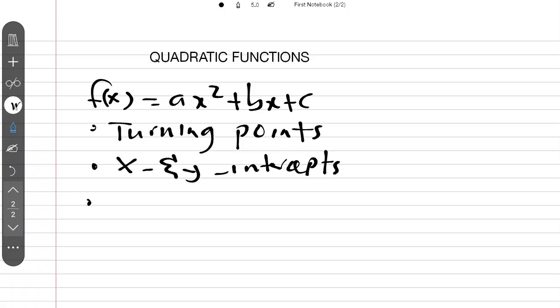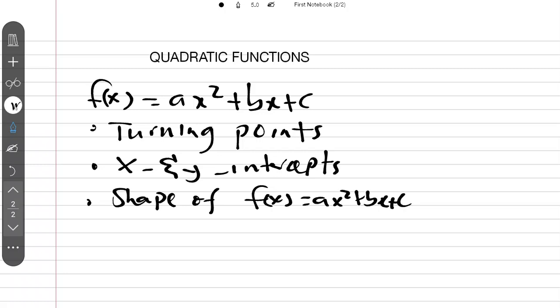Obviously also you need to know the shape of the quadratic function f of x, which is equal to ax squared plus bx plus c. Those are some of the things that you need to know when it comes to sketching the graph of a quadratic function.